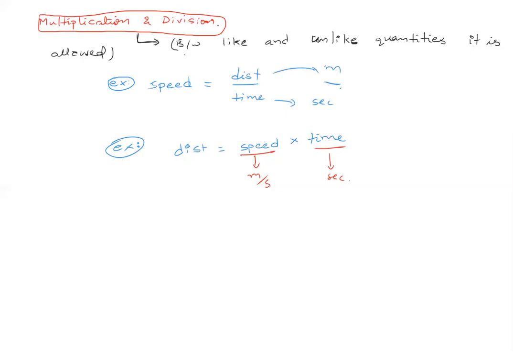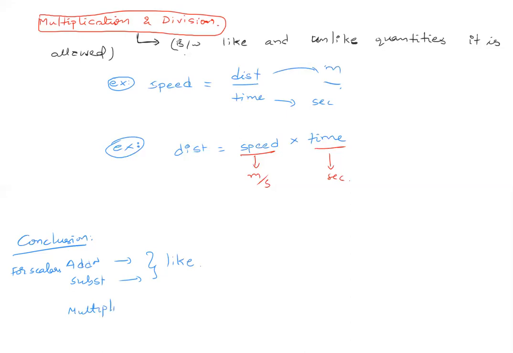So the conclusion on what I have explained: for scalars, addition and subtraction only between like quantities.